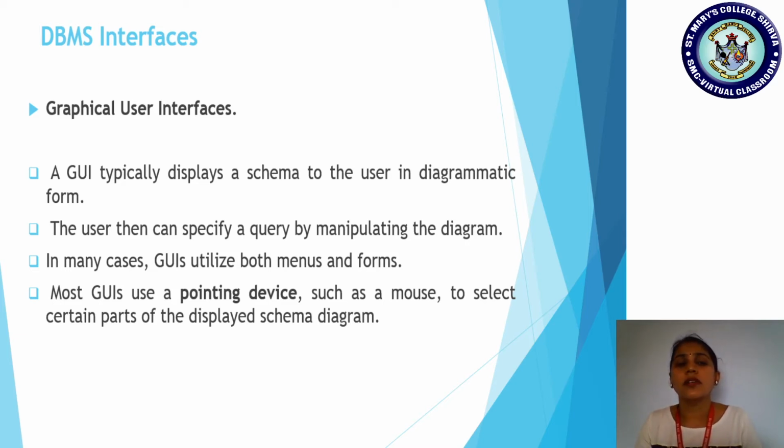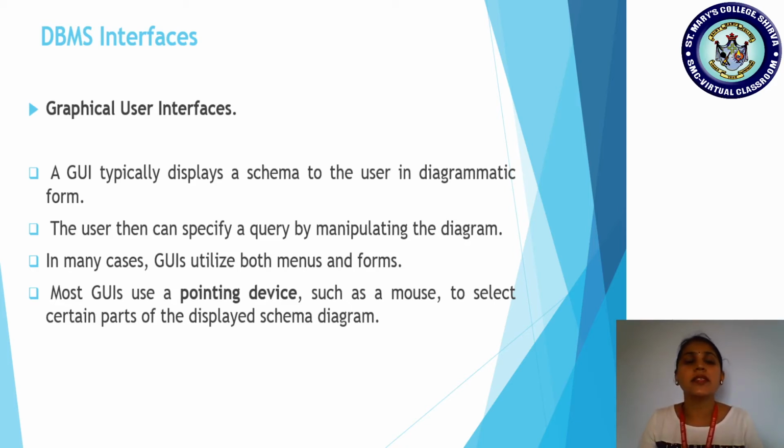So this user interface displays the schema definition in a diagrammatic way. The user then can specify a query by manipulating the diagram. So on going through the conceptual schema description, the user can frame a query and access the database.